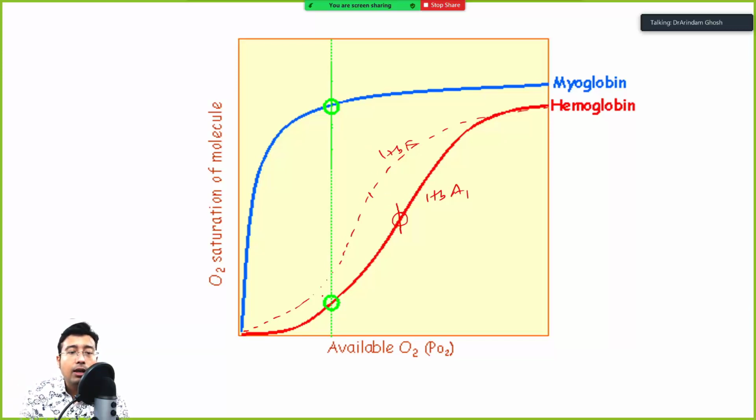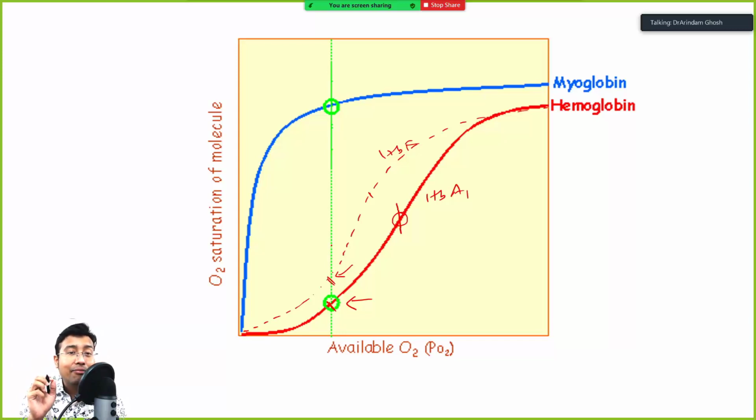However, we see in case of 2 to 3 torr, when the partial pressure is very low, both adult hemoglobin and fetal hemoglobin will give out oxygen. When the curve is here, basically oxygen affinity is 0. It means oxygen is being dissociated. Adult hemoglobin and fetal hemoglobin have given away all the oxygen.